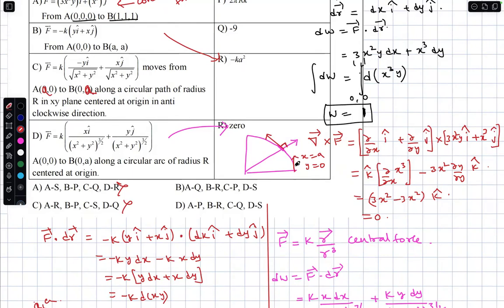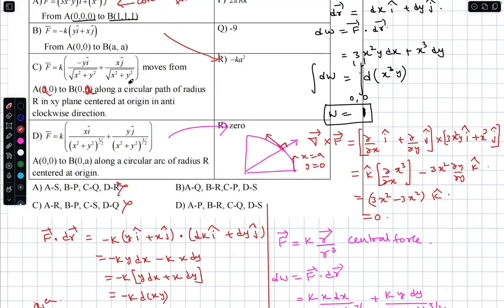So therefore, at this point, what is the magnitude of the force? At x is equal to a, y is equal to 0, you put simply a. Root x square plus y square: x you will have a, y you will have 0. So numerator a, denominator root a square.